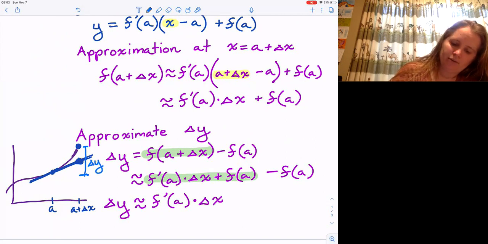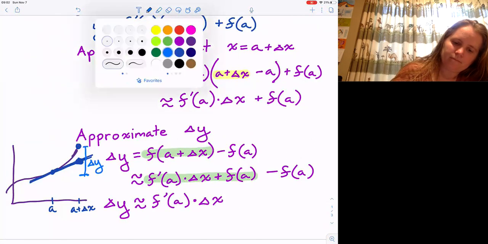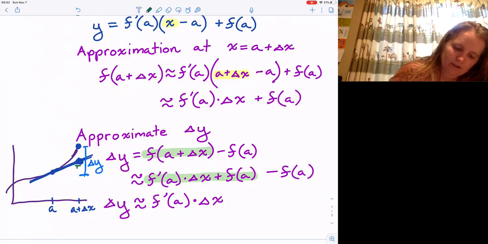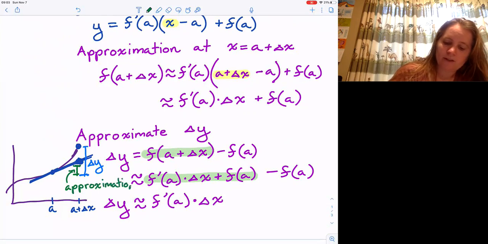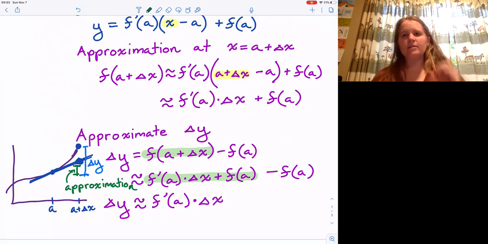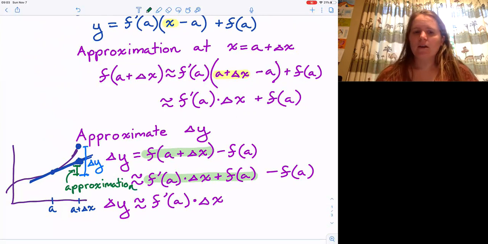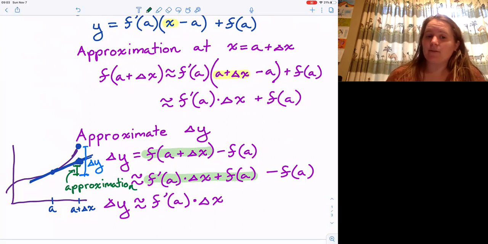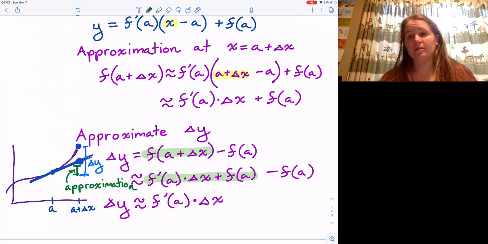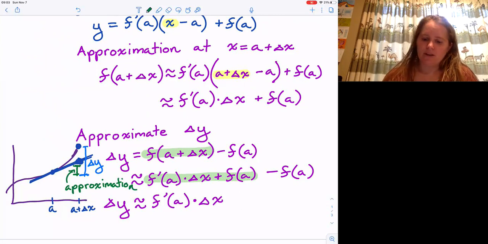What we just found was this smaller distance right here. So this is our approximation. When we do this, sometimes we'll overestimate, sometimes we'll underestimate. That's going to depend on the concavity. But this is an estimate that we can find. So again, f prime of a times whatever our change in x is gives us a fairly reasonable approximation, particularly when our change of x is small for change in y.